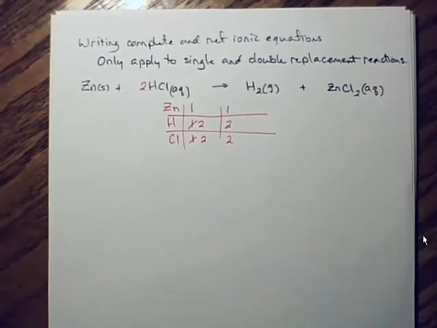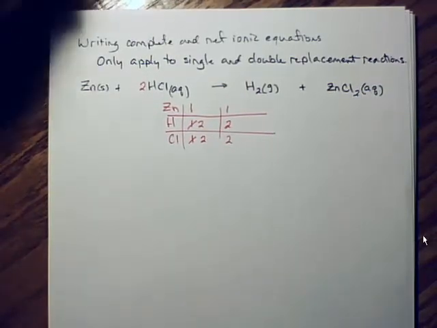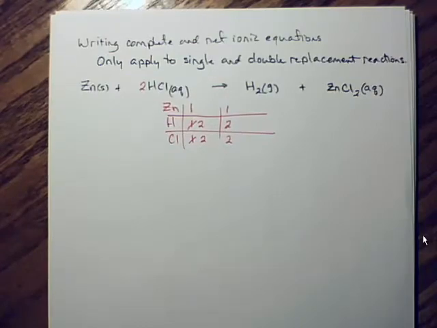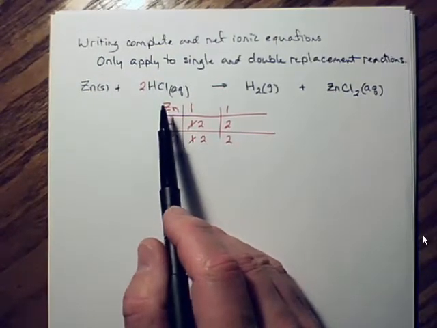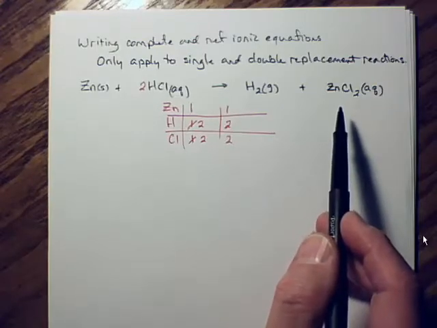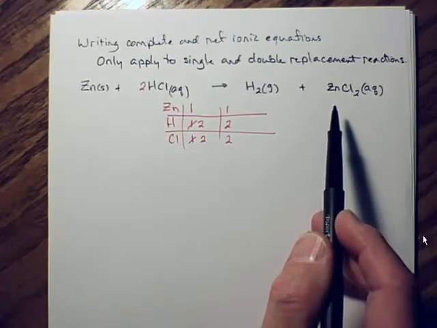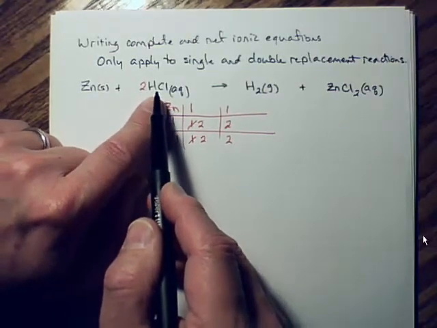What we're going to do now, that we have this balanced equation, is I'm going to introduce you to the complete ionic equation. Now, anytime you dissolve an acid or an ionic compound in water, it dissolves because the ions actually break up. If you recall, when we were first balancing formulas, we tried to figure out how many hydrogens we needed for every chlorine.